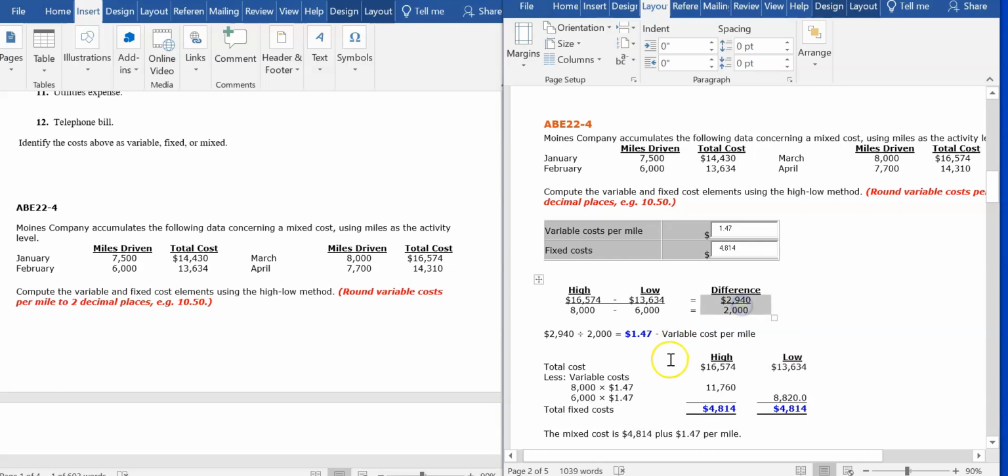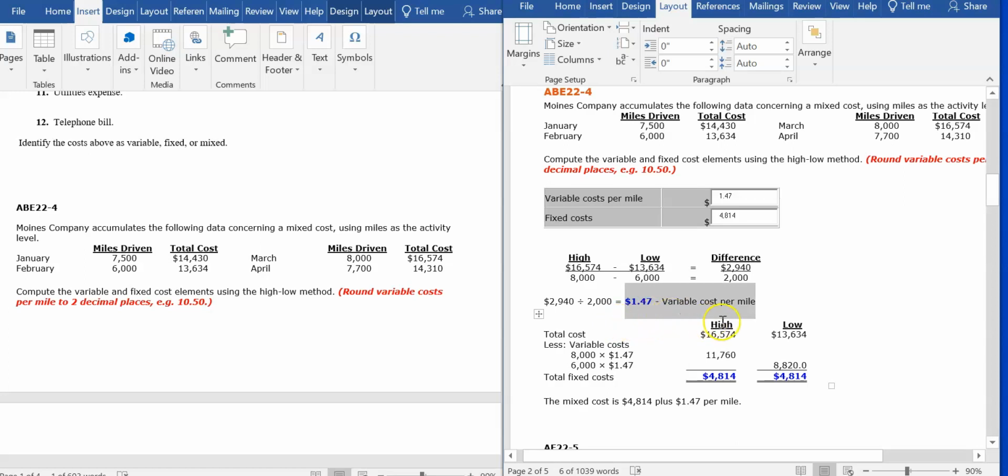The difference in the cost divided by the difference in the activity of our high and low data points gives us the variable cost per activity, and this activity is in miles. Essentially what we're saying here is that for every mile driven, this particular cost will go up by $1.47. Thus, the total cost, the variable portion, is $1.47 per mile.